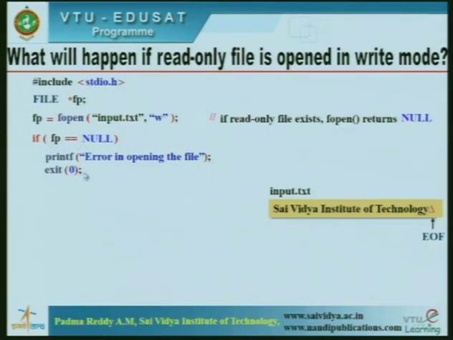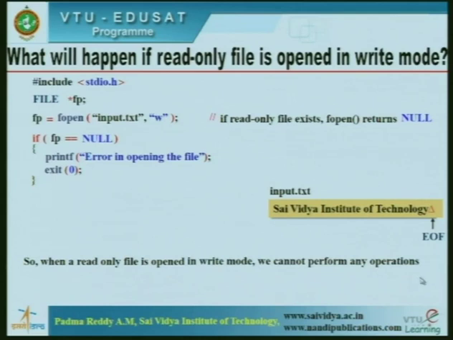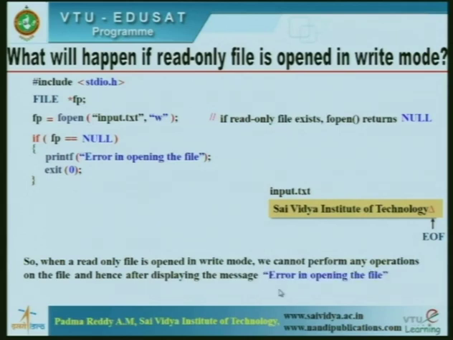So both statements must be enclosed within braces like this. When a read-only file is opened in write mode, we cannot perform any operations on the file, and hence after displaying the message error in opening the file, the program is terminated. So this is what will happen when a read-only file is opened in write mode.